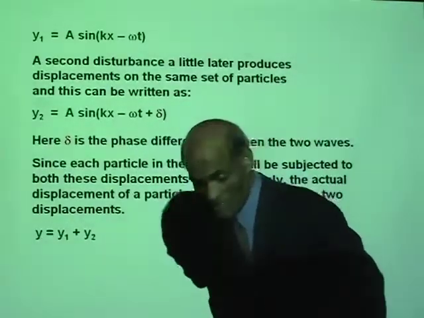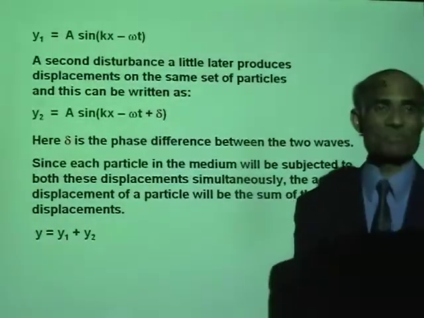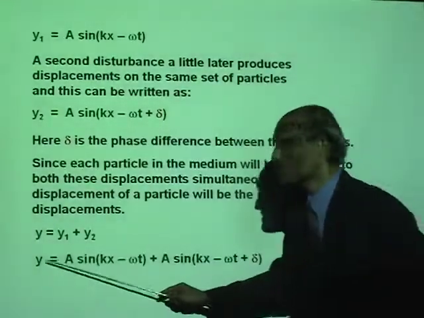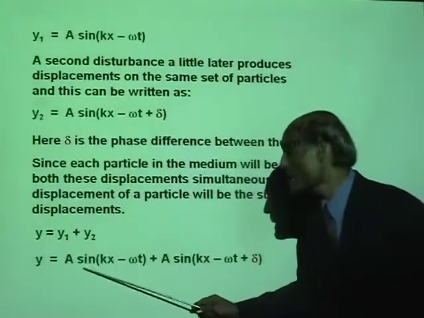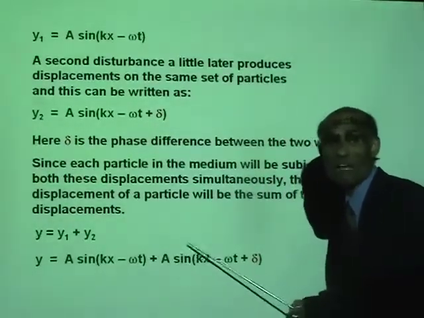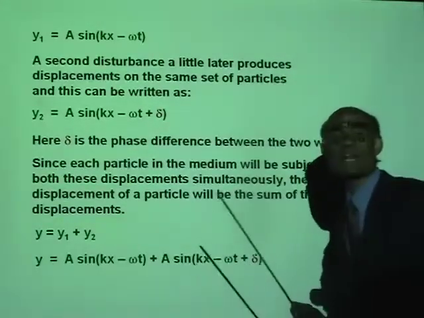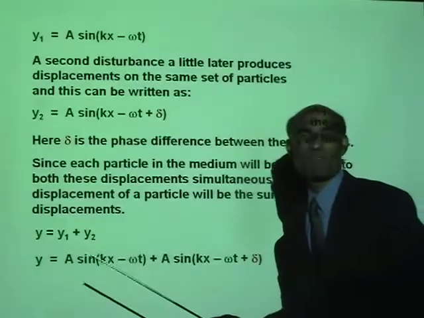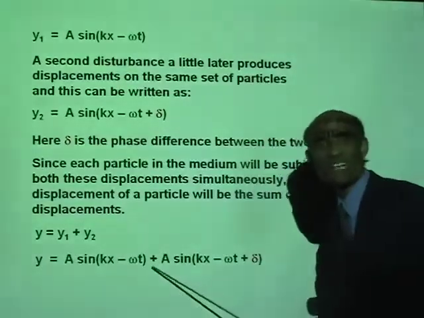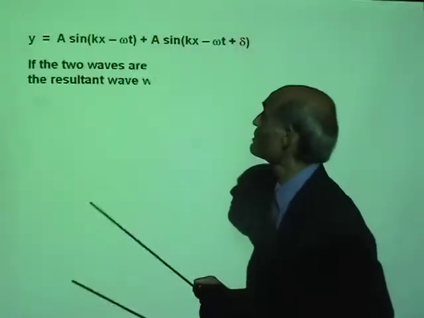The net displacement is now equal to y1 plus y2. Let's write it that way. y equals a sin(kx minus omega t) plus a sin(kx minus omega t plus delta). Now, does your trigonometry allow you to simplify this? Let's go to the other slide and do that.